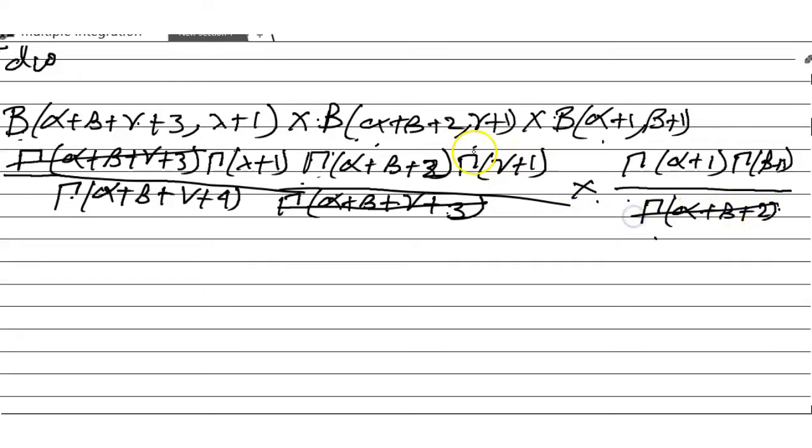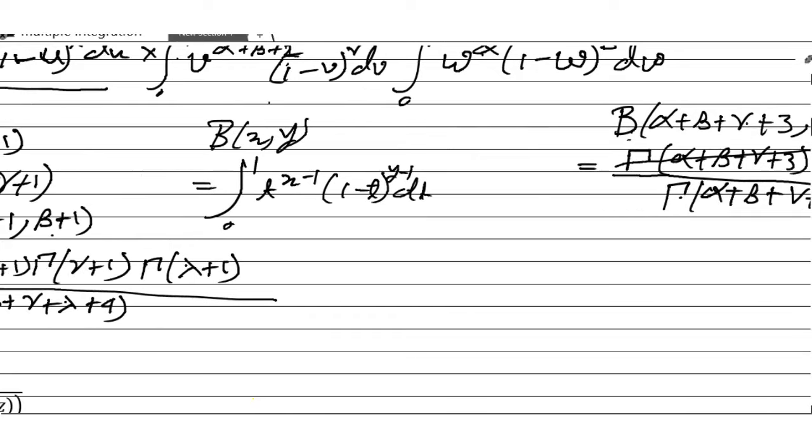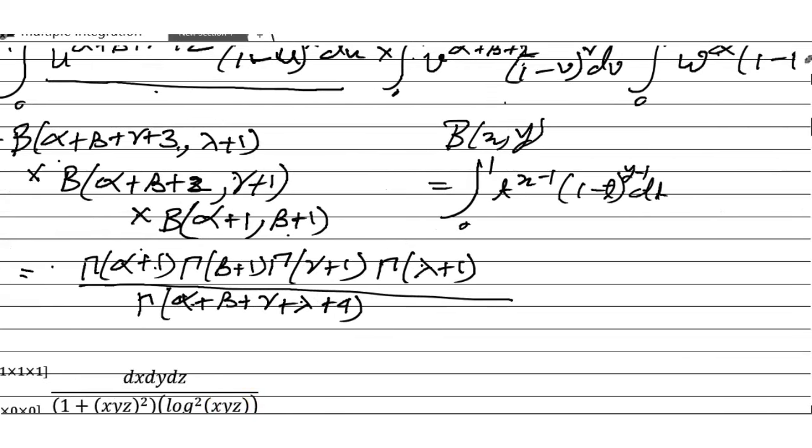So this portion and this portion is cut, and this portion and this portion is also cut. So friends, gamma lambda plus 1, gamma gamma plus 1 and gamma alpha plus 1, this is the remaining portion. So I hope I can clear this concept.